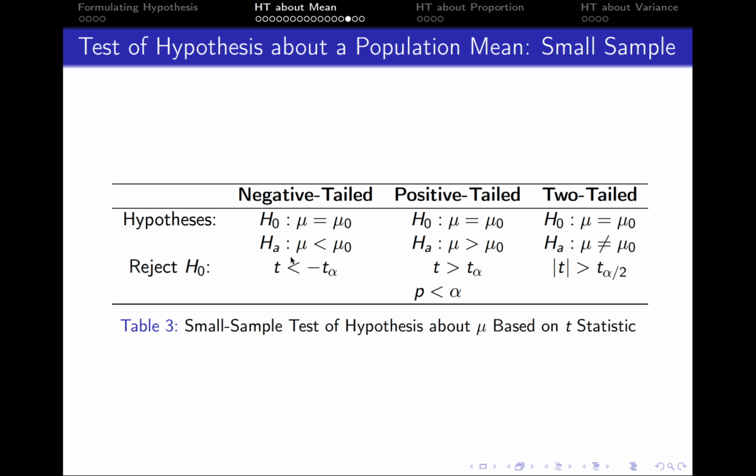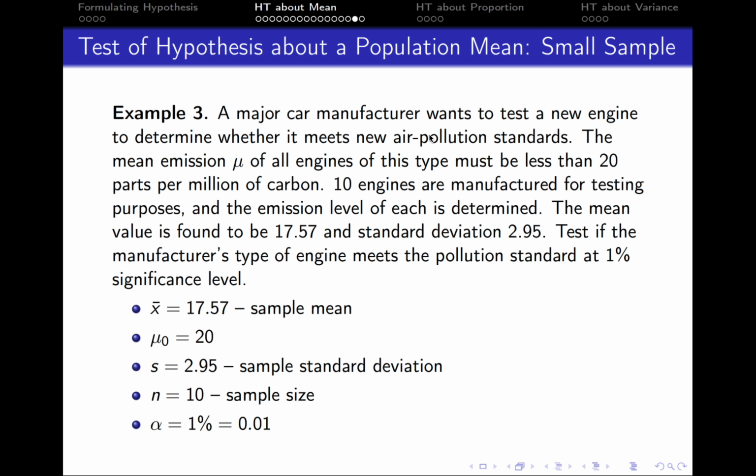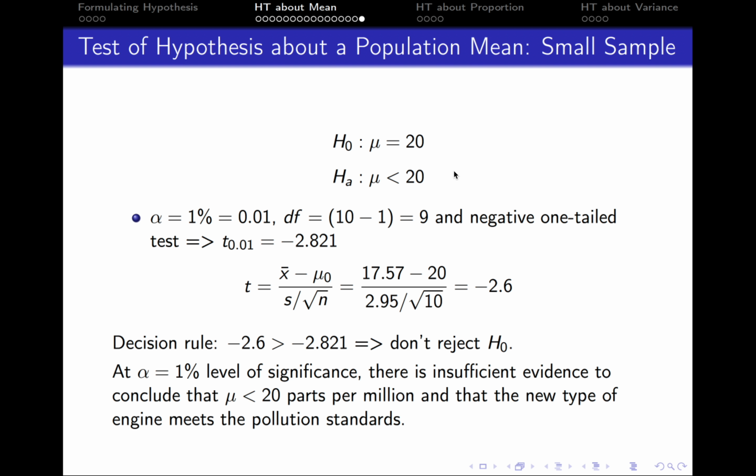So in our case, this one is higher than the critical, so we cannot reject the null hypothesis, which means that at 1% significance level, there is insufficient evidence to conclude that the mean emission of all engines of this type is less than 20 parts per million, and that the new type of engine meets the pollution standards.